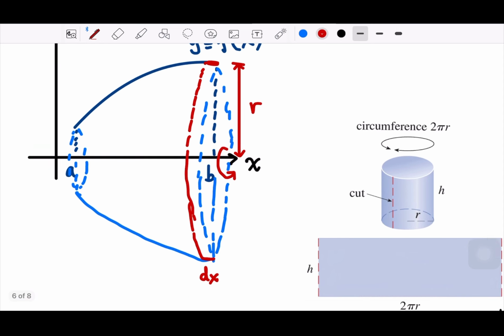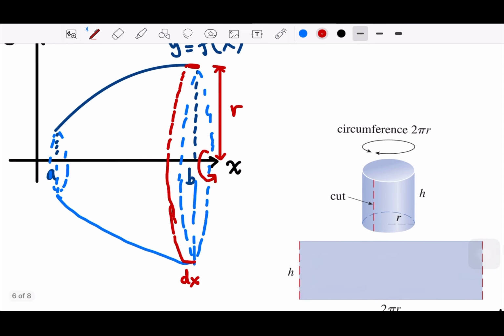So similarly, if we imagine this shape here, now our goal is not to find the volume. We want to find the surface area. For example, if we imagine a hollow tube like this, and we slice it and cut it open, we could make it into a rectangle.